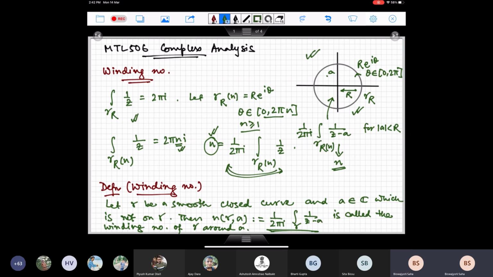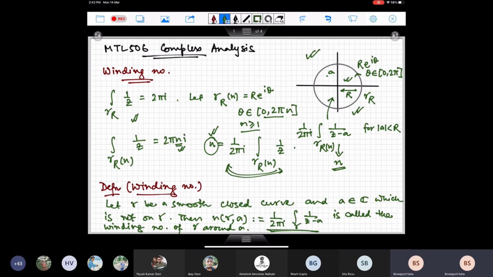One is this unbounded one, and one is the interior of the disk, the set of all z with mod z less than r. So in that set, no matter what point you take, you are going to have the same winding number, and when I think of it in terms of the picture, that's very evident, right?